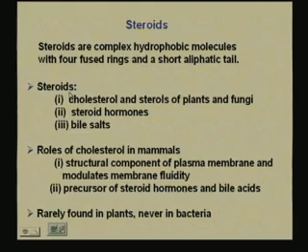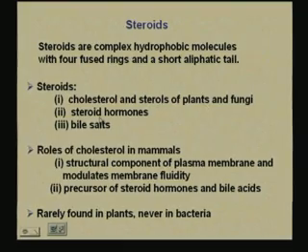When one of these groups at a particular position of the steroid is converted to an OH, we call it a sterol. Okay? We have cholesterol, the sterol of animals, and sterols of plants and fungi.